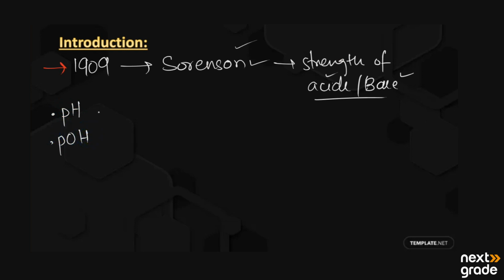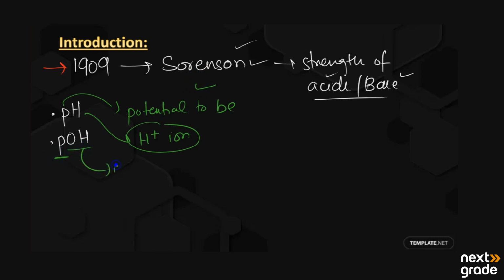Now what do we mean by pH and pOH? The P stands for potential, and H is the production of H positive ions. So it is the potential to produce H positive ions. On the other hand, pOH is the potential to produce the hydroxide ion.